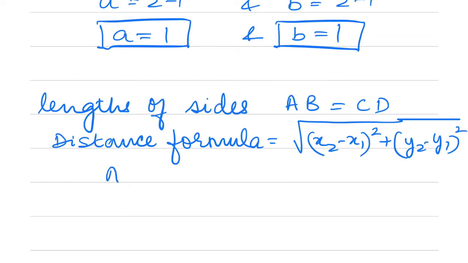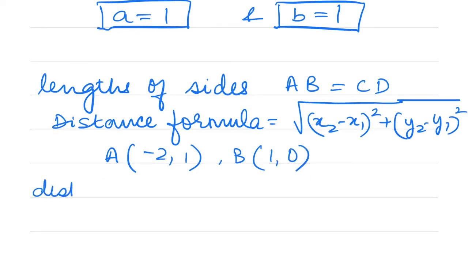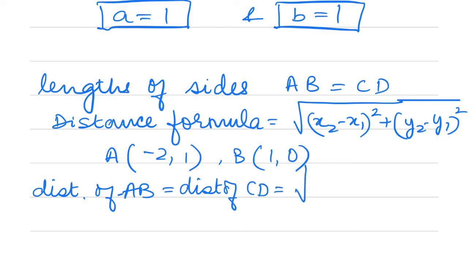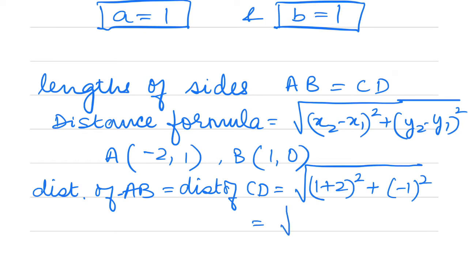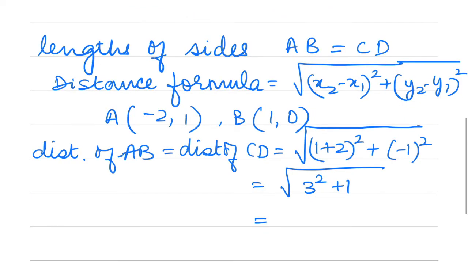So coordinates for A are minus 2 and 1, B is a, 0, so a is 1, so 1, 0. Distance of AB is equal to distance of CD is equal to square root of (1 plus 2) whole square plus (0 minus 1) whole square. This is equal to square root of 3 square plus 1. This is equal to square root of 10 units.